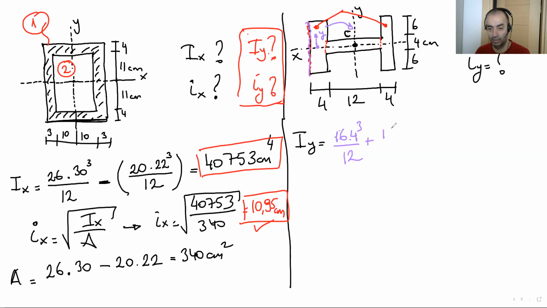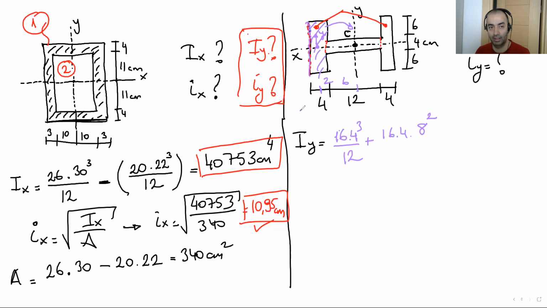Area is 16 times 4, times distance squared. The distance is here: half of the web height is 6, and half of this 2, it's 8, squared. I just calculated the moment of inertia for this one rectangle.